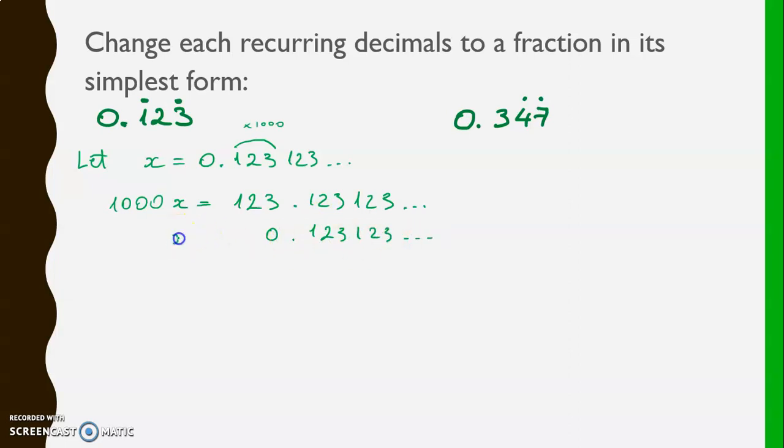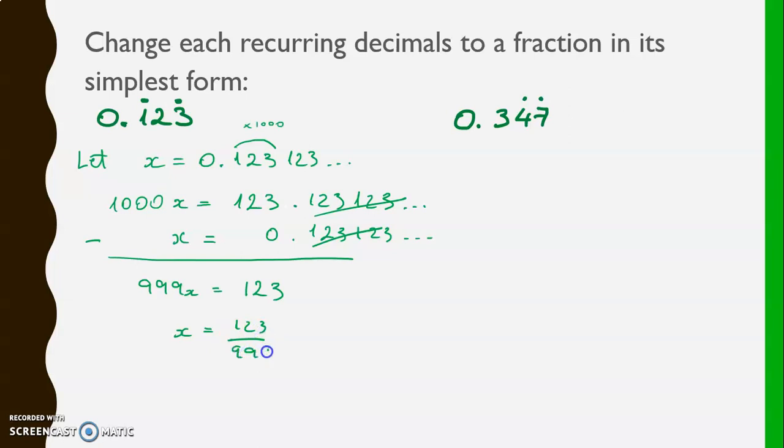So we can subtract these two. 1000x minus x is 999x equals 123 minus 0. As we said, these decimals will just disappear. We will end up with a whole number. Okay, so x equals 123 over 999.